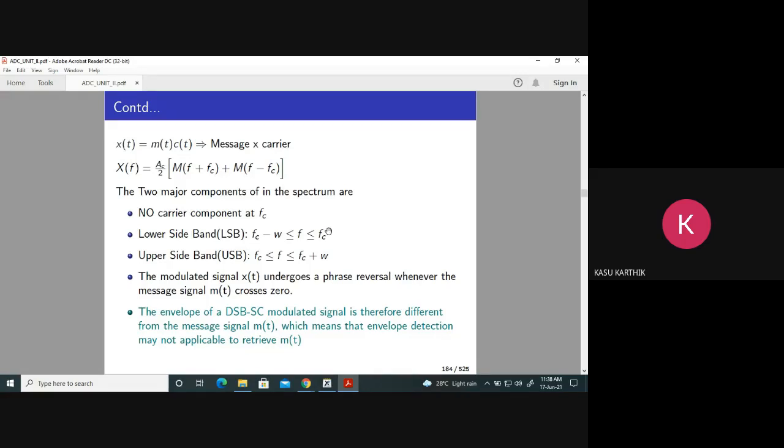The envelope detector may not be suitable for demodulating DSBSC because the envelope equals mod of M of t.